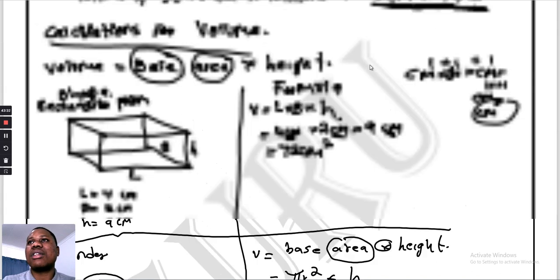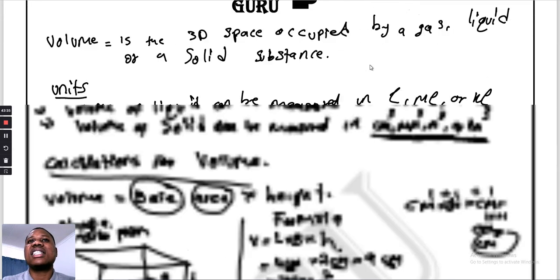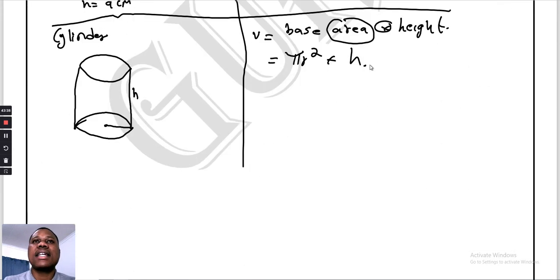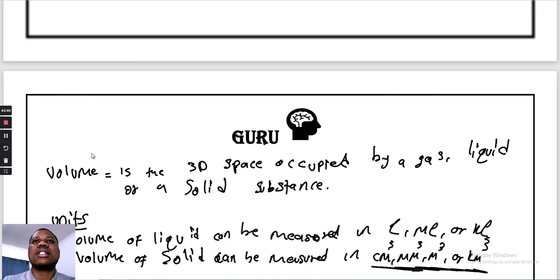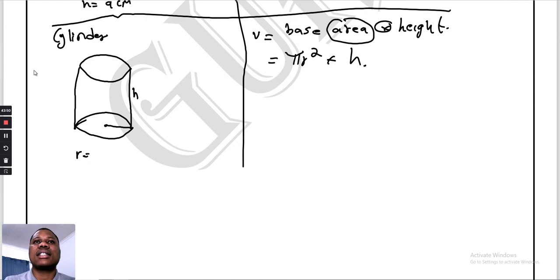I gave you the example here. It was 17, 8. 17 was the height, 8 was the radius.